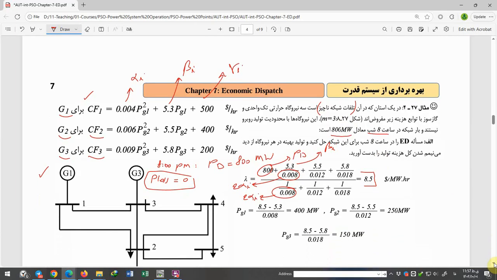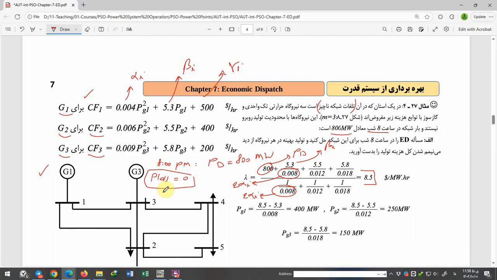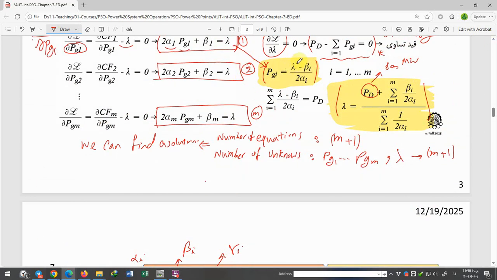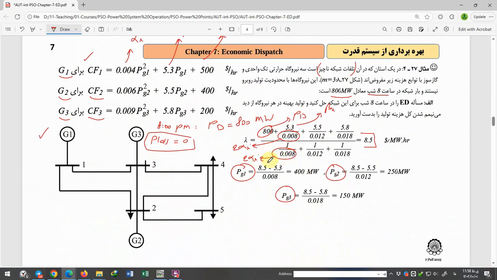So for finding which active power in each power plant should be produced, that is PG1, PG2, PG3, the PGI is lambda minus beta I over 2 times alpha I. Lambda minus beta over 2 times alpha gives PG1, PG2 and PG3.